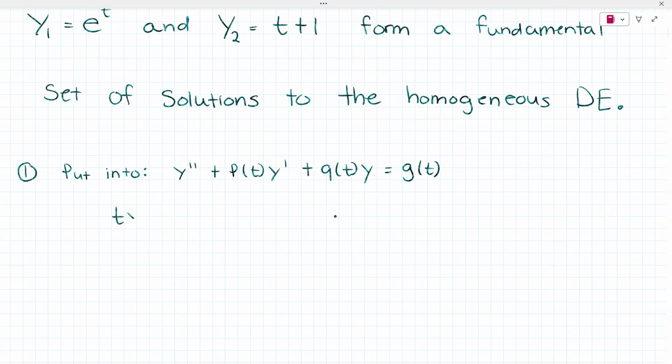We have t y double prime minus (t plus 1) y prime plus y equals t squared. And then what I'm going to do next is get rid of the t by dividing both sides by t.